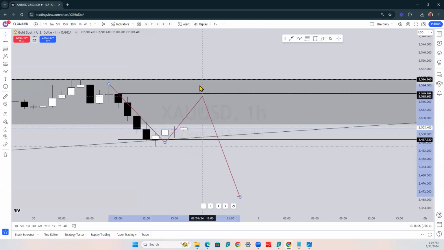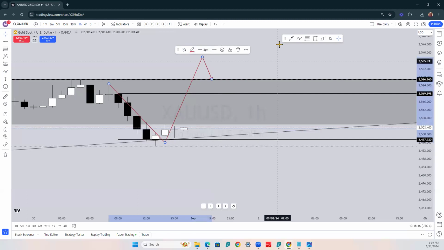Or it will go all the way back up here, bounce off the breakout box here, and trend higher. You got two predictions. So this consolidation box, the sideways movement, can go two ways.